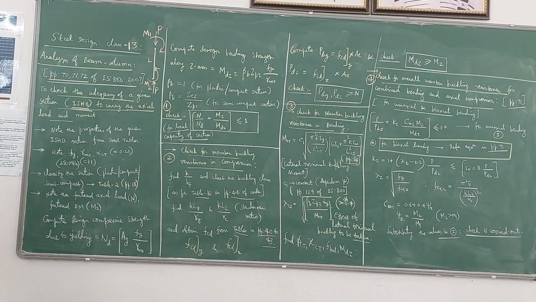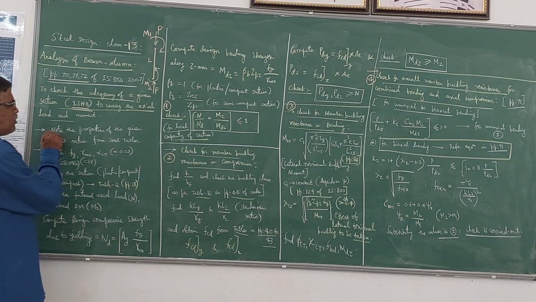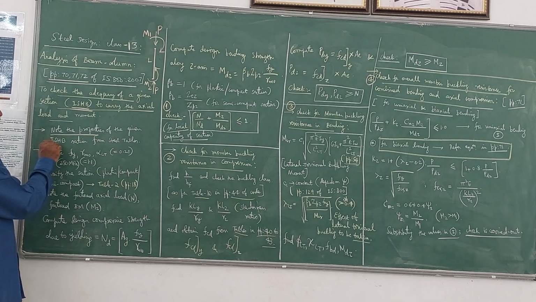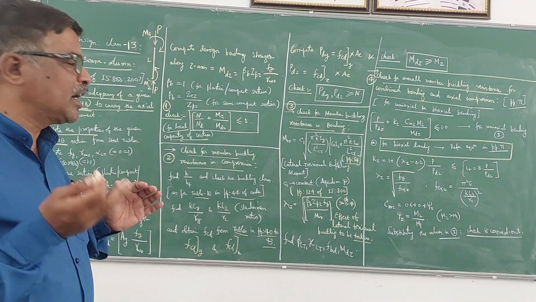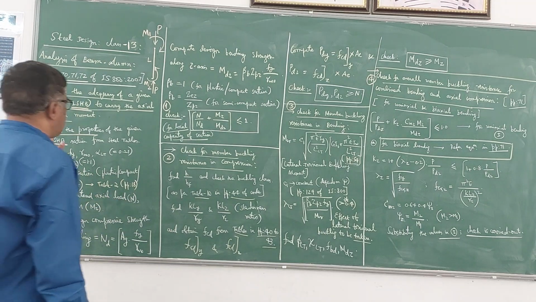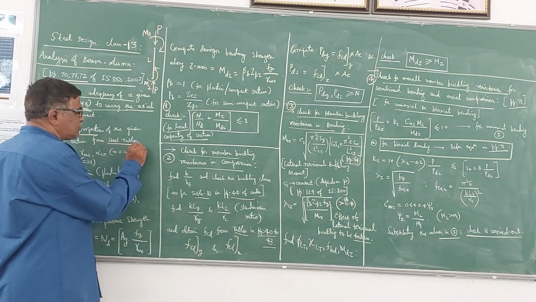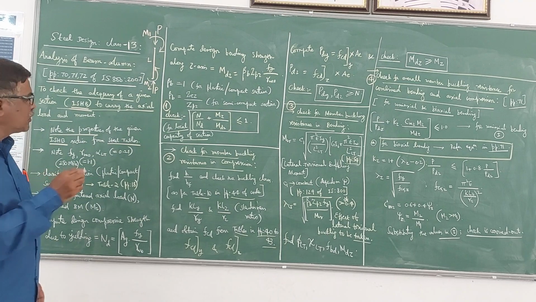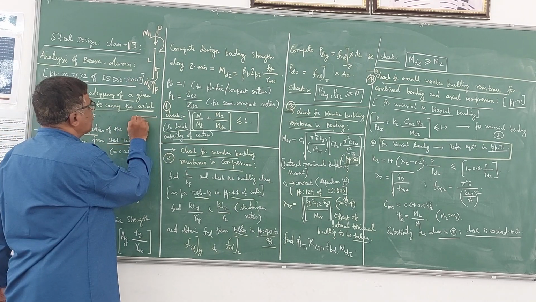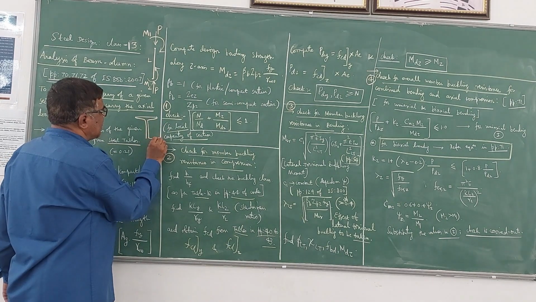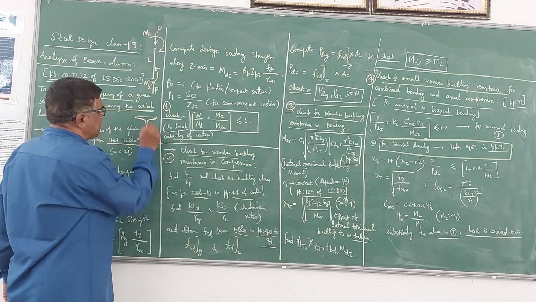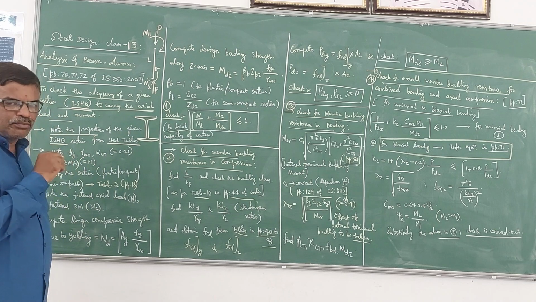First, you have to note down the properties of the given ISHP section from the steel tables. Maybe ISHP 250 or ISHP 300 may be given. Properties means all the values: the width of flange, thickness of flange, thickness of web, overall depth, and the depth of web, which you have to compute.